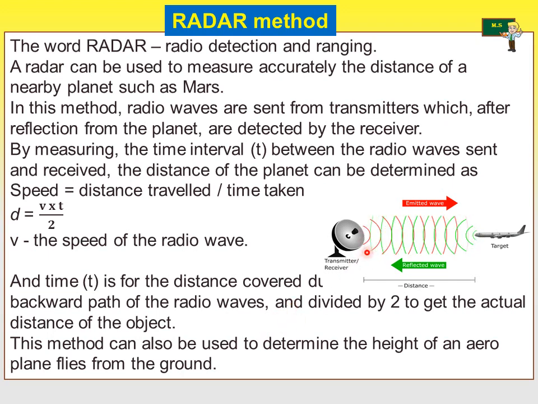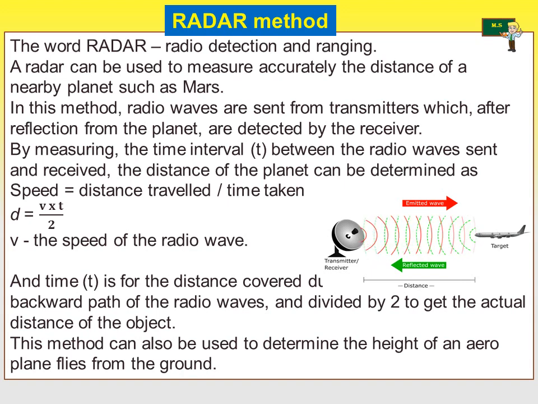See here, it transmits the radio waves as red lines, and it receives the radio waves as green lines. By measuring the time interval between the radio waves sent and received, we find the time interval between transmitting and receiving.